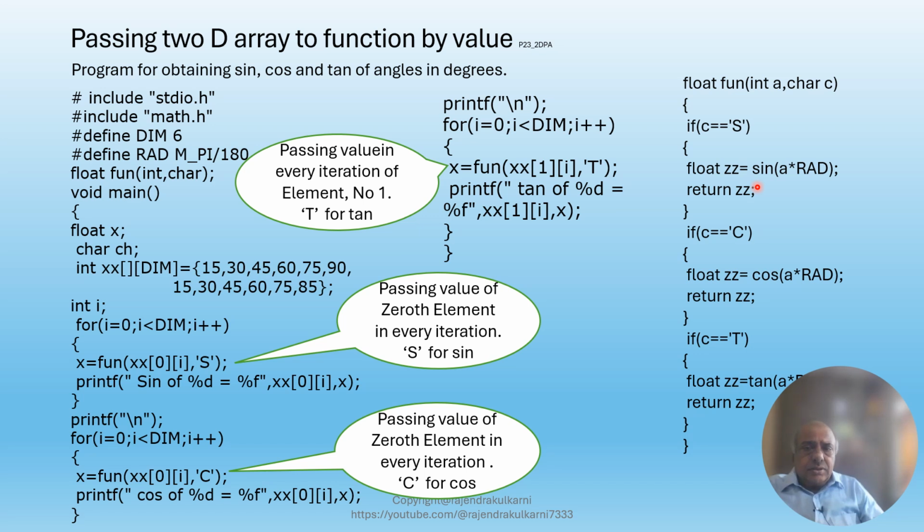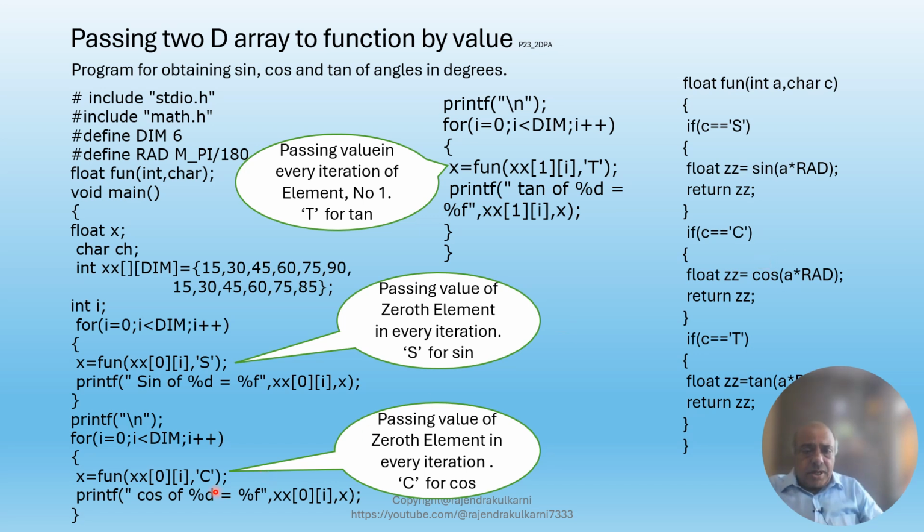It will be assigned with sine of the value that has been received by variable A of the function. It will be multiplied by rad, so it will be converted into radians, and sine of that angle will be assigned to the value ZZ, and that ZZ will be returned to the calling function, collected by float variable x and displayed.